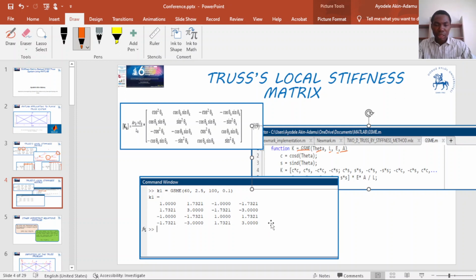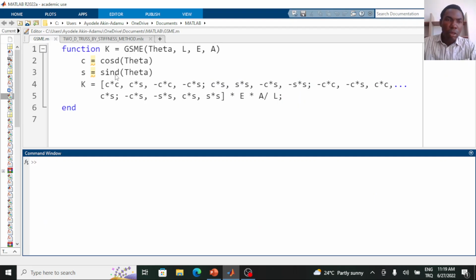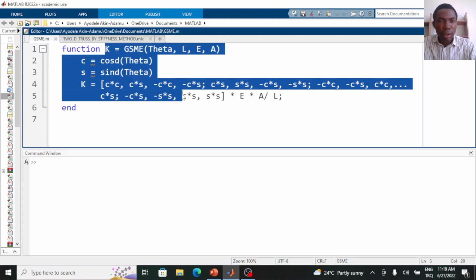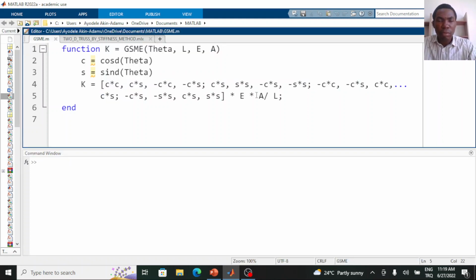I will illustrate this now on Matlab so that you understand this properly. So this is the function I wrote on Matlab to compute the local stiffness matrix for me.